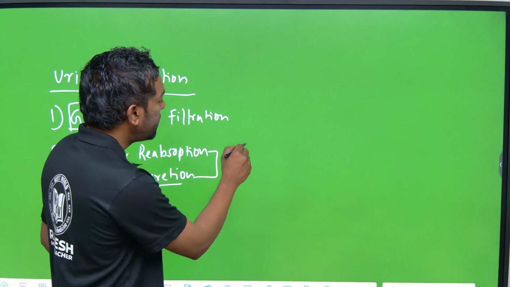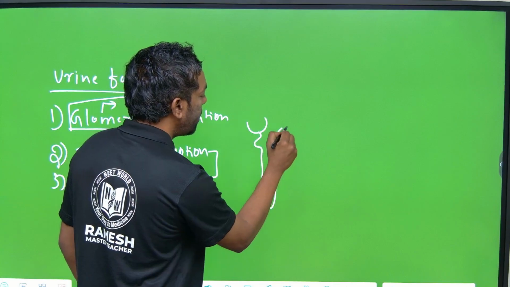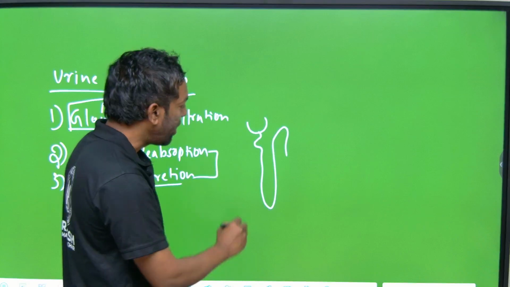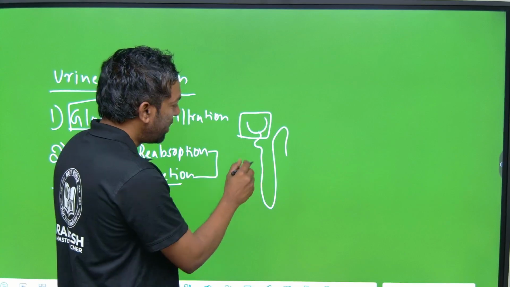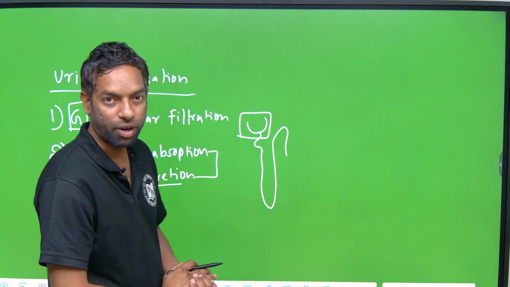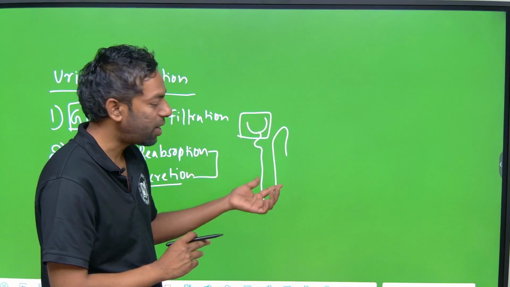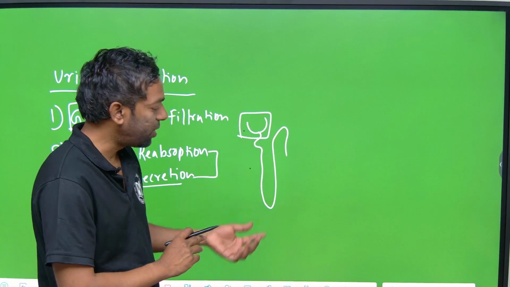This is the nephron. This is the glomerulus, part of the nephron, and this is the renal tube, which is the lumen of the nephron. The nephron itself has the glomerulus, the Bowman's capsule and the renal tubule.